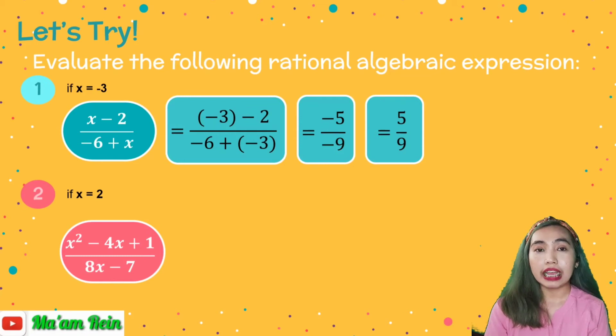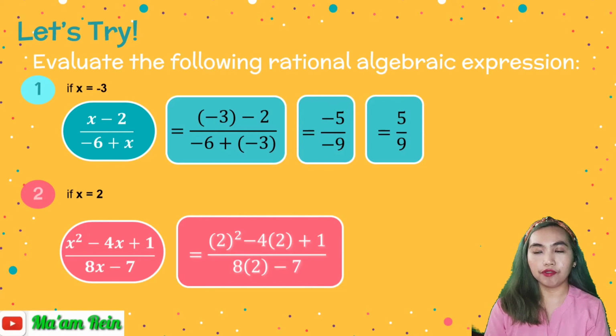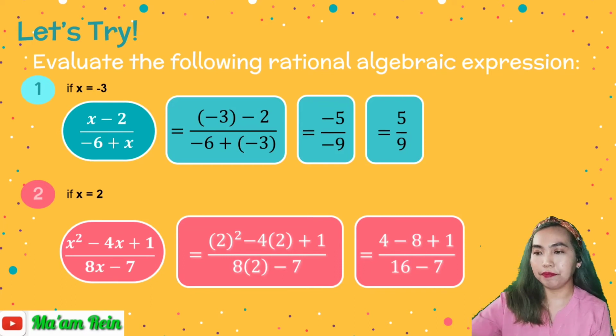So that will become 2 squared minus 4 times 2 plus 1 all over 8 times 2 minus 7. So 2 squared will become 4 minus 4 times 2 is 8 plus 1. And on the denominator, that will become 8 times 2 is 16 minus 7.